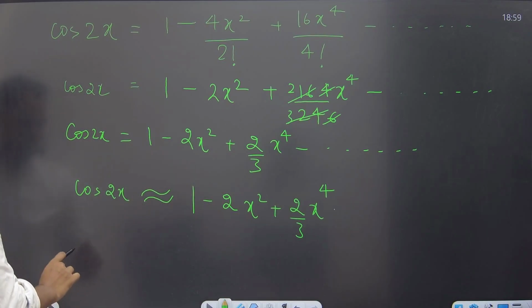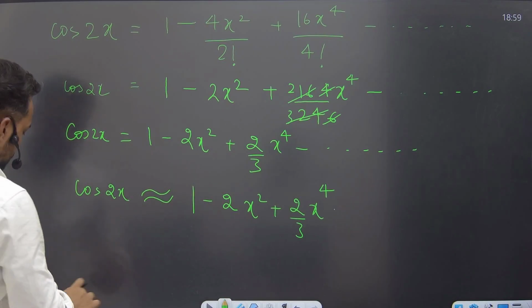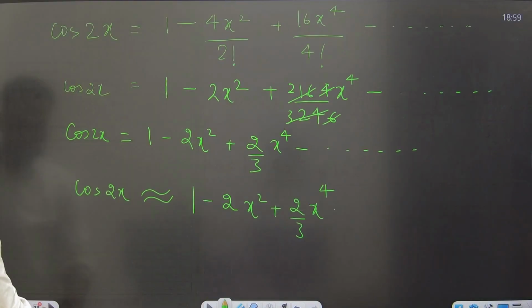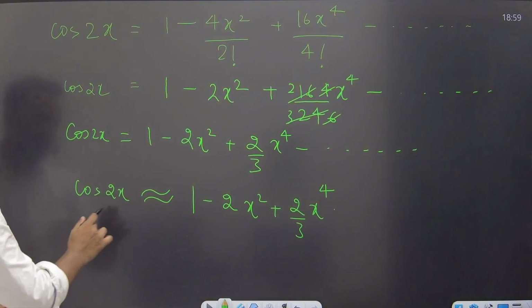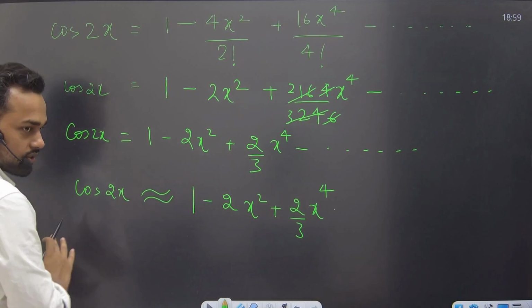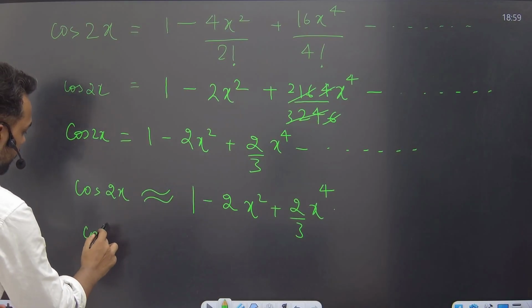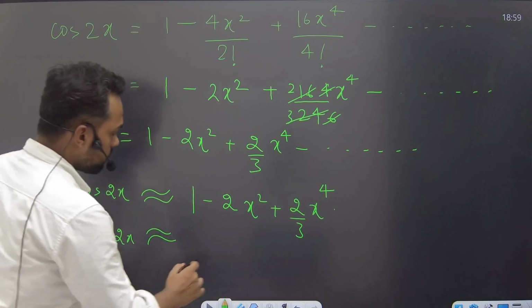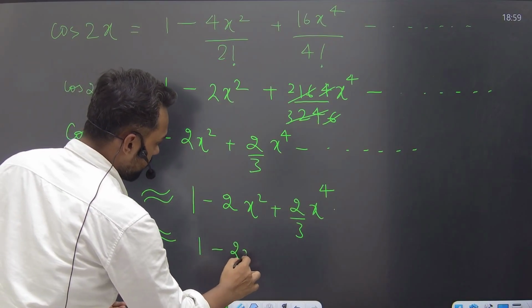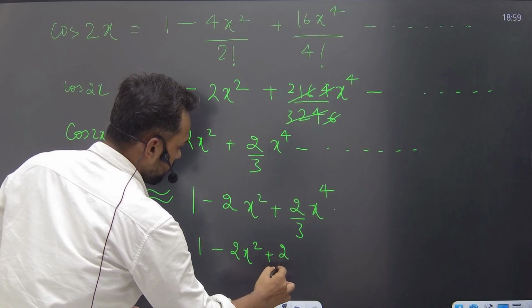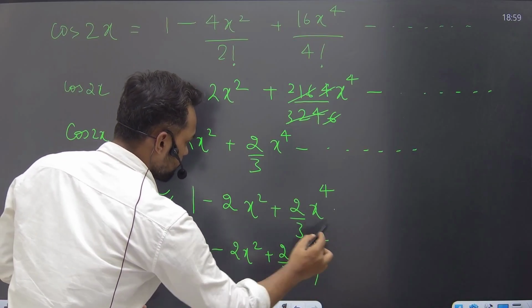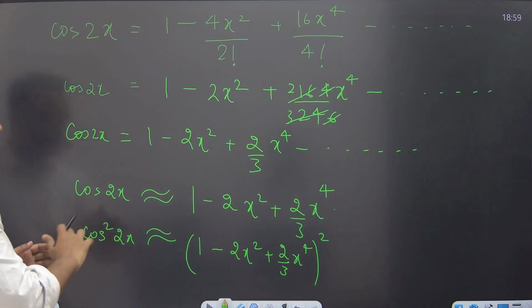Now according to the question, the value we want is 1 minus cos square 2x. So for cos square 2x, I will square both sides. So it will be cos square 2x, and taking the square of the right hand side as well. So it will be 1 minus 2x square plus 2 by 3 x to the power 4, whole square. Okay, this is how it will work.